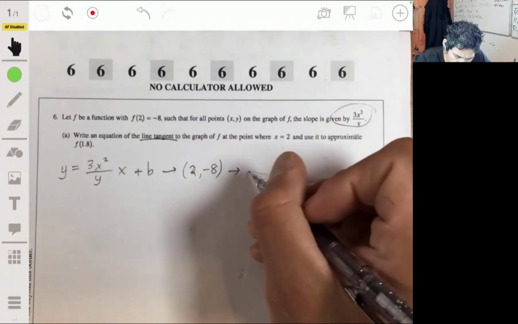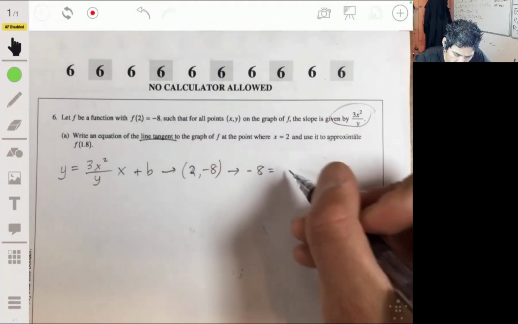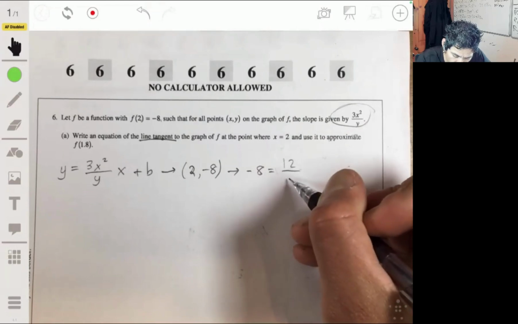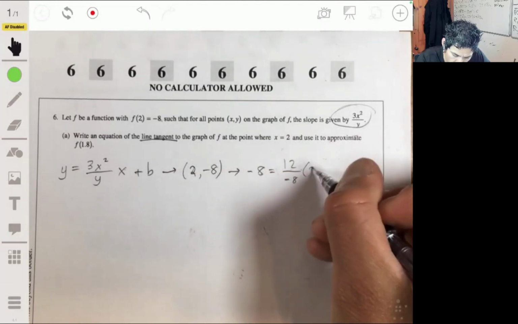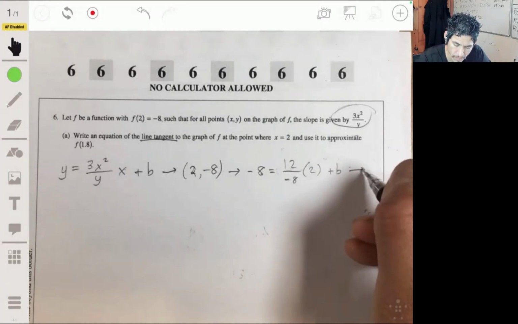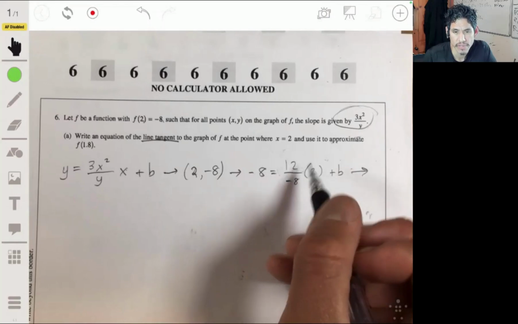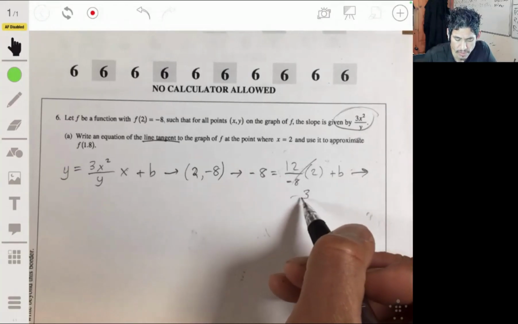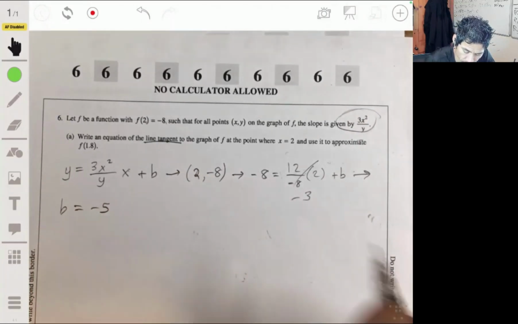So we said -8 equals 2 squared times 3, so 12 over -8, times 2, plus b. So we got 24 over -8, so we got -3 there. So then it looks like b is going to be -5.